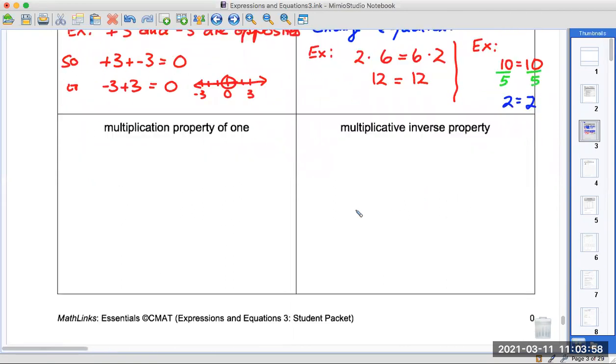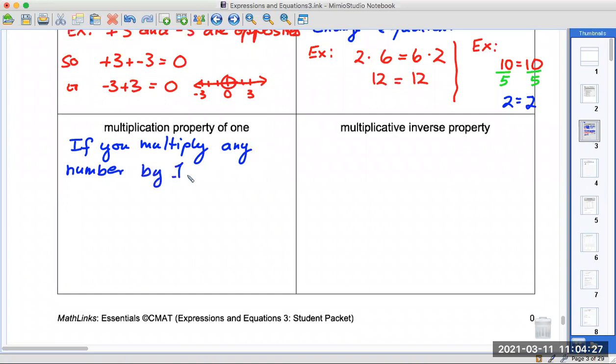Okay. So now last two here, multiplication property of 1. That one makes sense too. If you multiply any number by 1, what happens? It will not change the number.